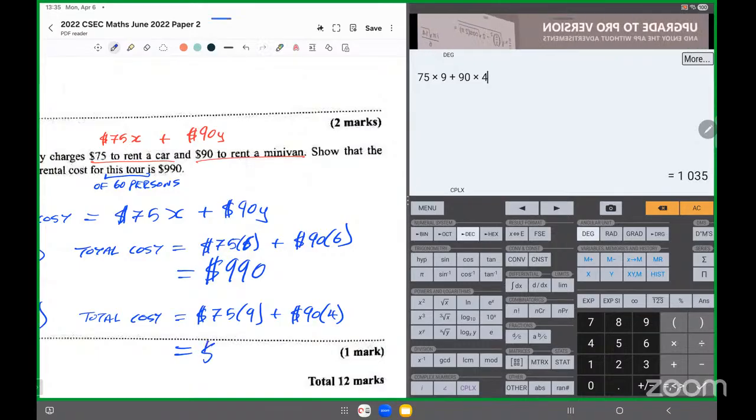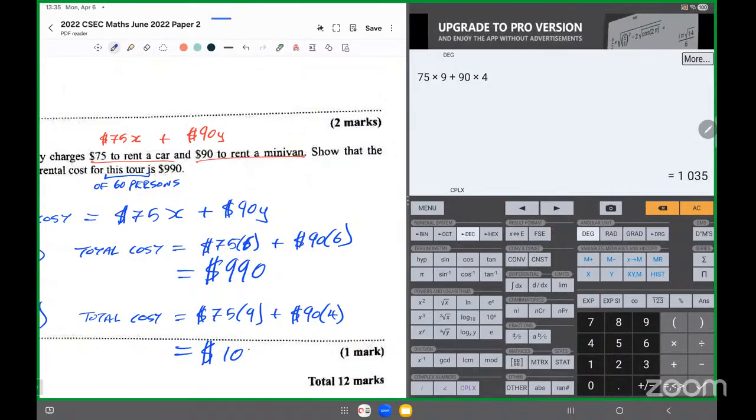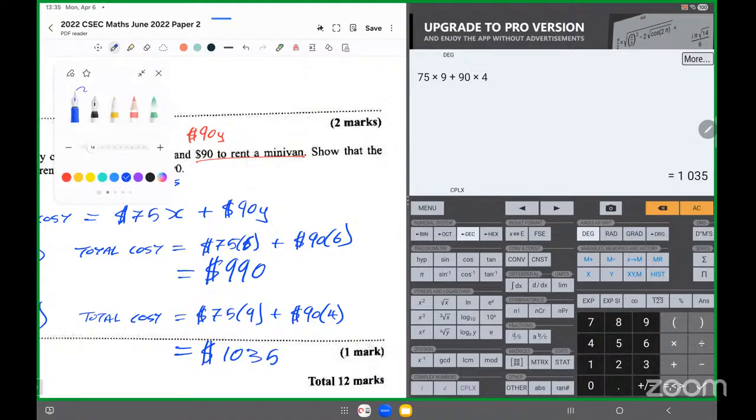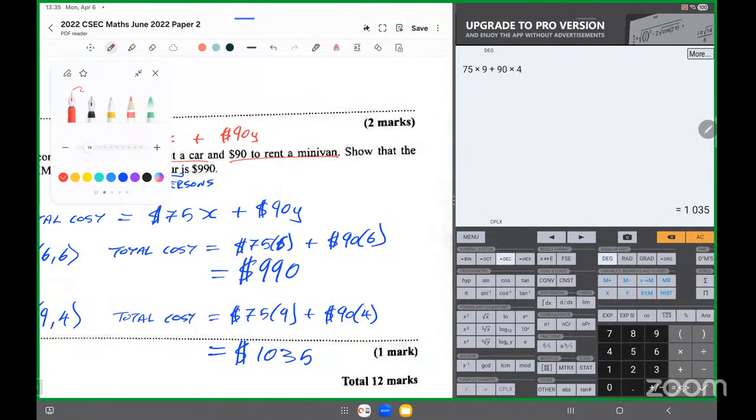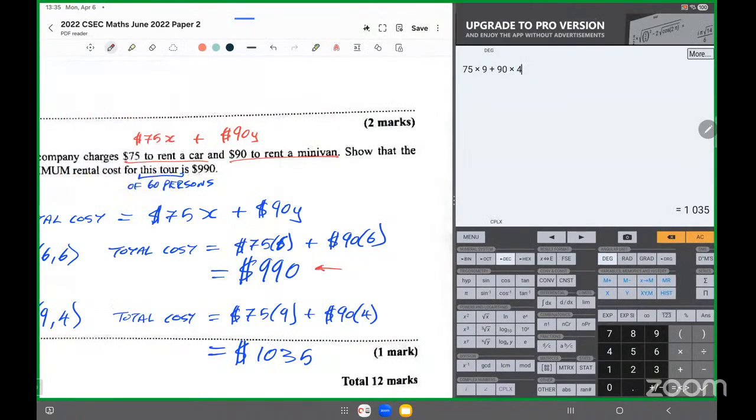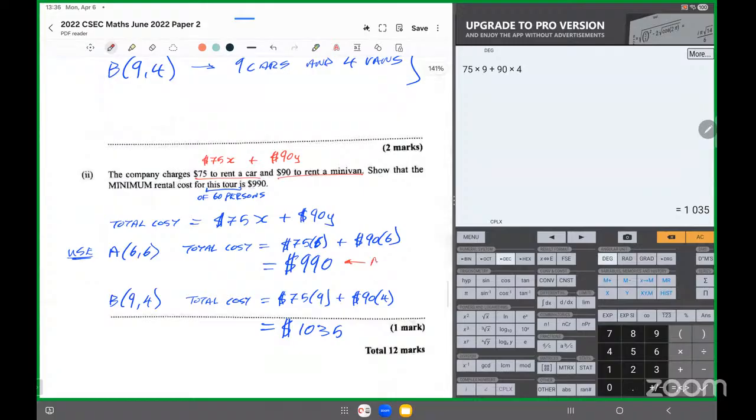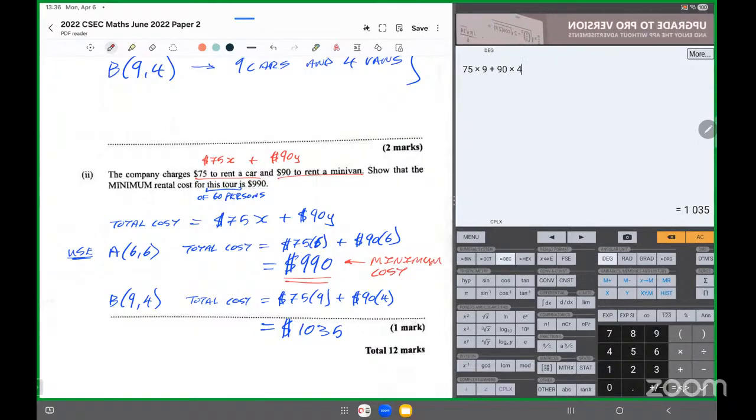That charge would be 1035. So clearly this one is the minimum charge, the minimum cost to carry 60 persons. Therefore shown.